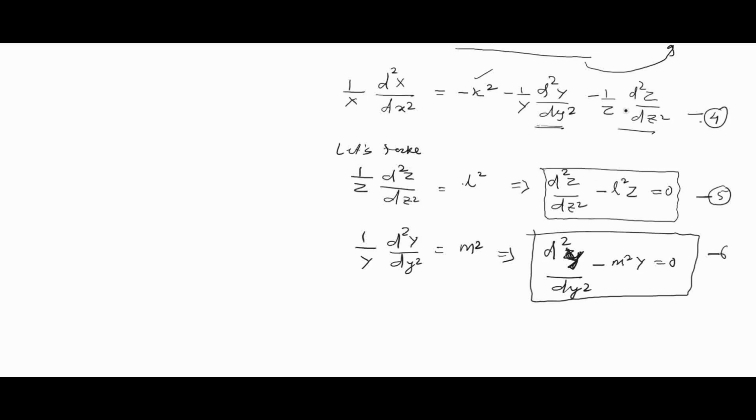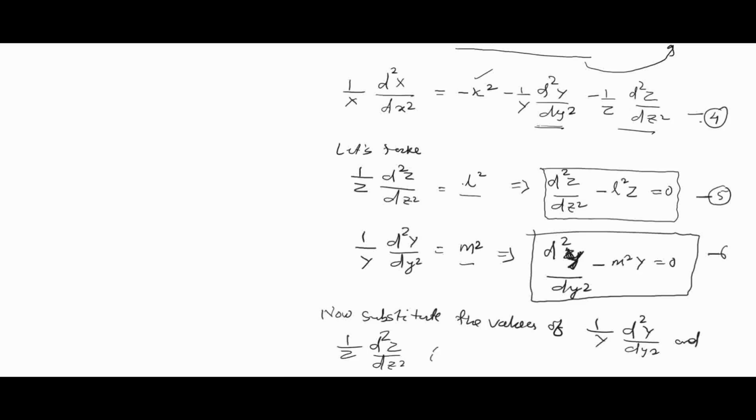Now substitute the values of l² and m² into equation number 4. Substitute the values of 1/y d²y/dy² and 1/z d²z/dz² into equation number 4 to get what we will get here.